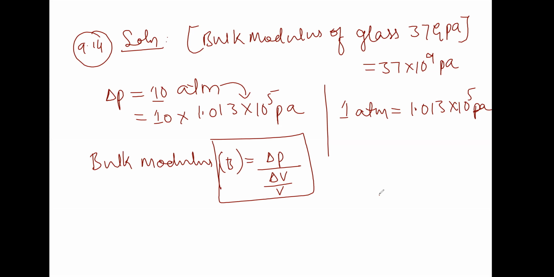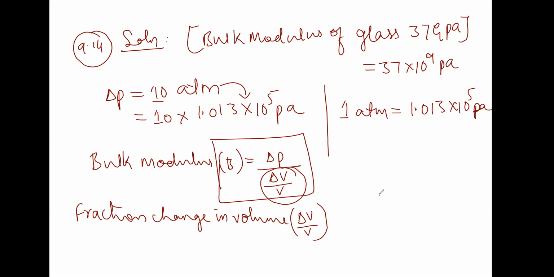So delta V by V is the fractional change in volume. We exchanged these terms, bringing delta V by V here and shifting this to the other side. Then it becomes delta P divided by B.